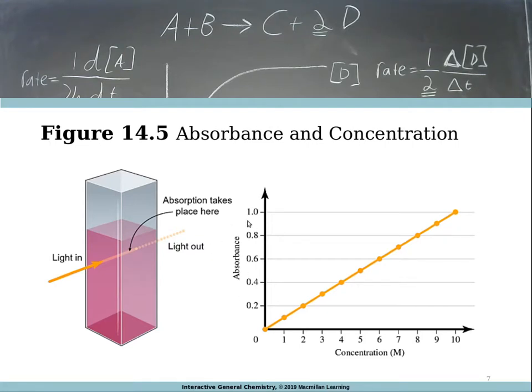That's usually done by the spectrometer. It's a logarithmic scale, and I don't want to get into the math behind that conversion right now. But the absorbance is going to be proportional to the concentration according to what is called Beer's law.